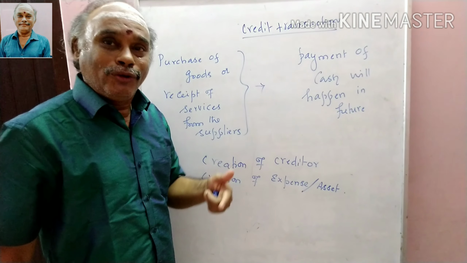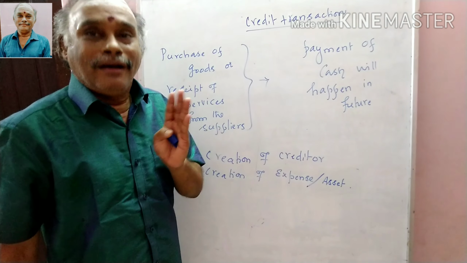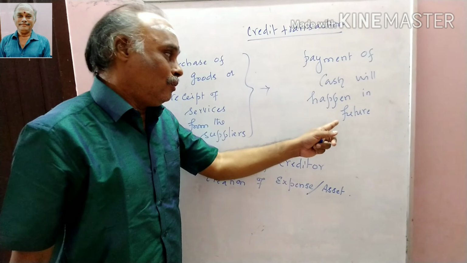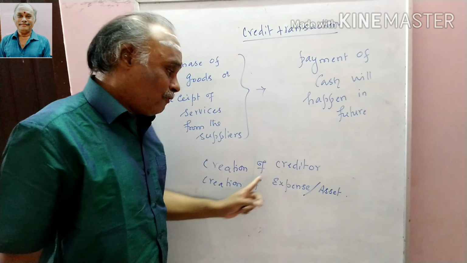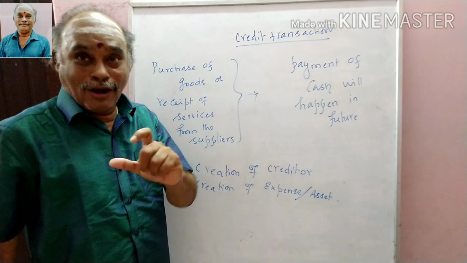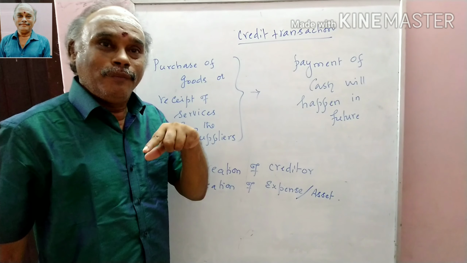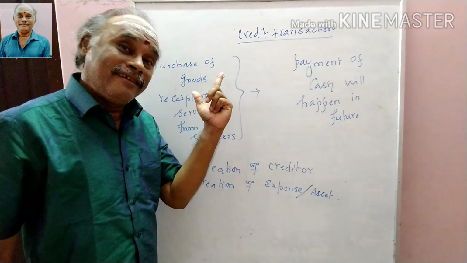We have to make the payment to them, and let us consider honestly that we make the payment at the scheduled date as we have already fixed. So obviously creation of a creditor and creation of an expense or an asset will be the basic accounting treatment as far as credit transaction 2, and risk element is 0, while in transaction 1 the risk element is 100%.